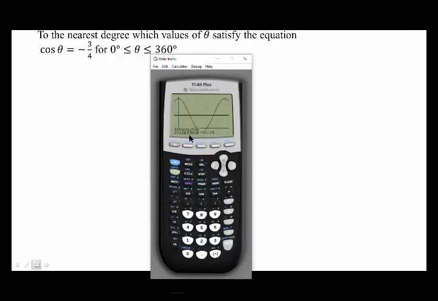138.59 degrees. Which to the nearest degree would be 139 degrees. Do it again. Second function. Calc. Intersect. Scooch this way all the way over here till we're close. 221.4. 221 degrees.